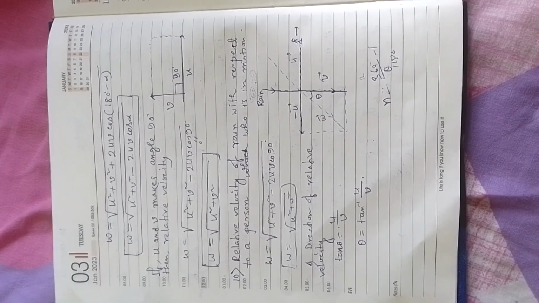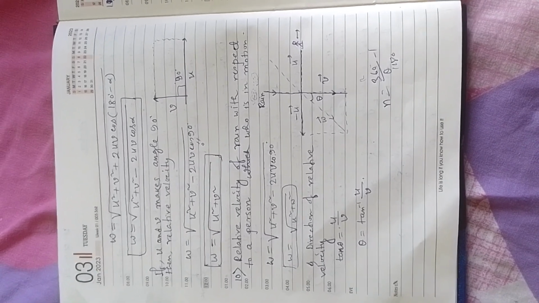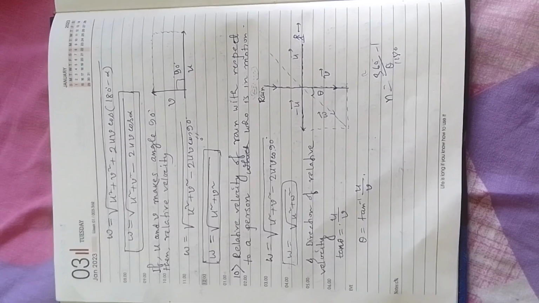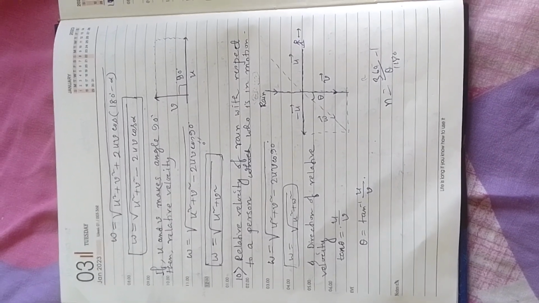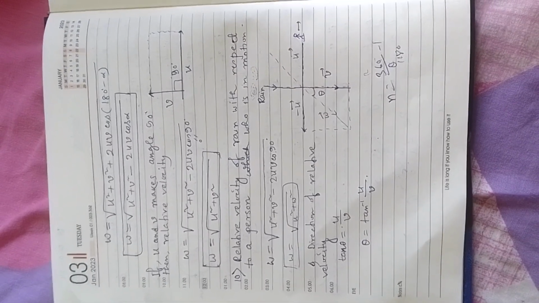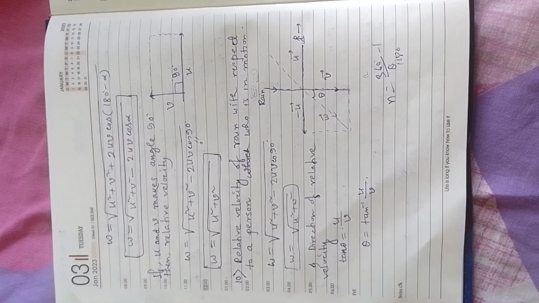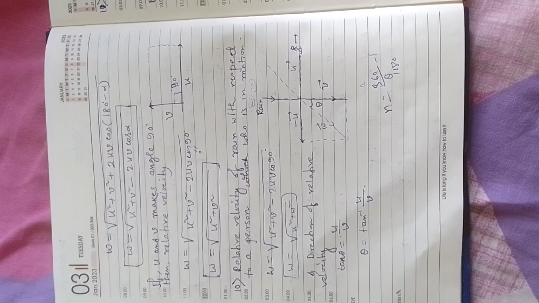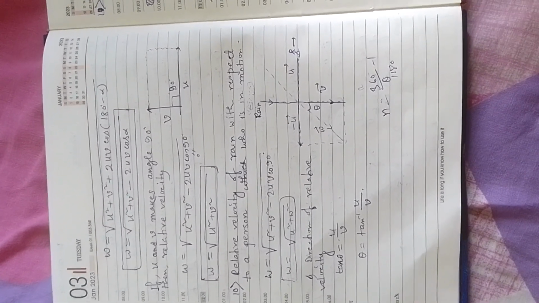It is clear from the figure that u and v make an angle of 90 degrees. Therefore, the relative velocity will be w is equal to root over of u square plus v square. And the direction of the relative velocity: tan theta is equal to u by v. Therefore, theta is equal to tan inverse u by v.